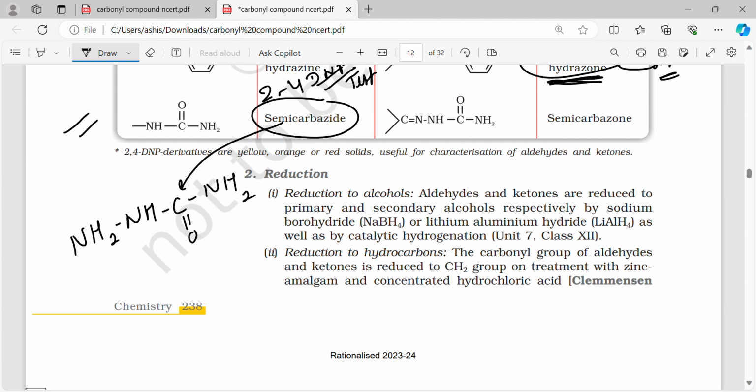Similarly, semicarbazide. What is the structure of semicarbazide? The structure is NH2, NH, C double bond O, NH2.